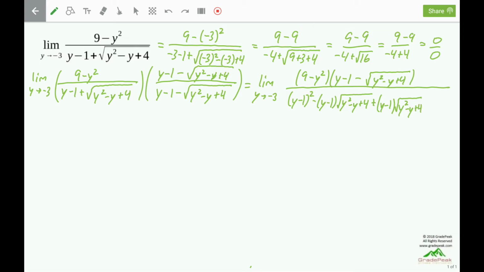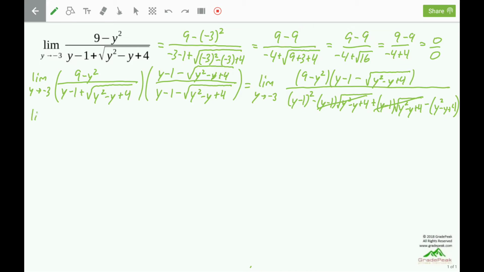And then last we have a positive root times a negative root, which will overall give us a negative of y squared minus y plus 4. Now the outside and inside terms will be opposite sign and they will cancel each other out.